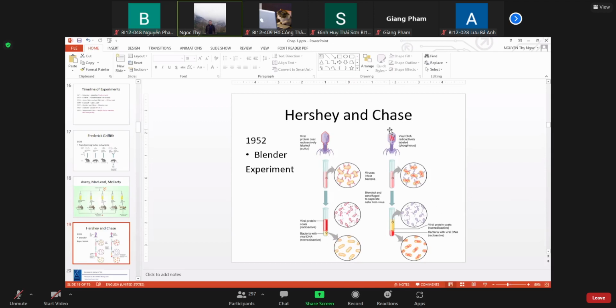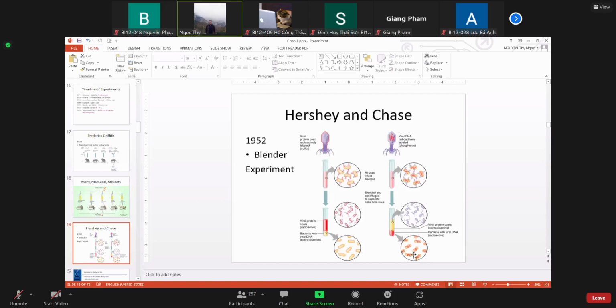In another experiment, this time they did not label the protein envelope, but they labeled the nucleus with radioactive phosphorus, since phosphorus is the main component of DNA. When they let the phage inject into the bacteria, they saw that the label of the nucleus component was injected from the phage into the bacteria.